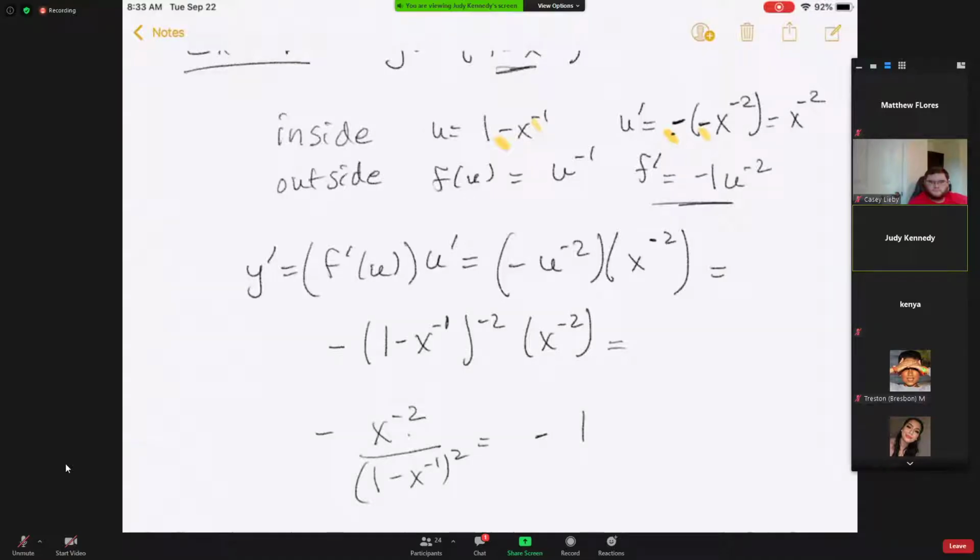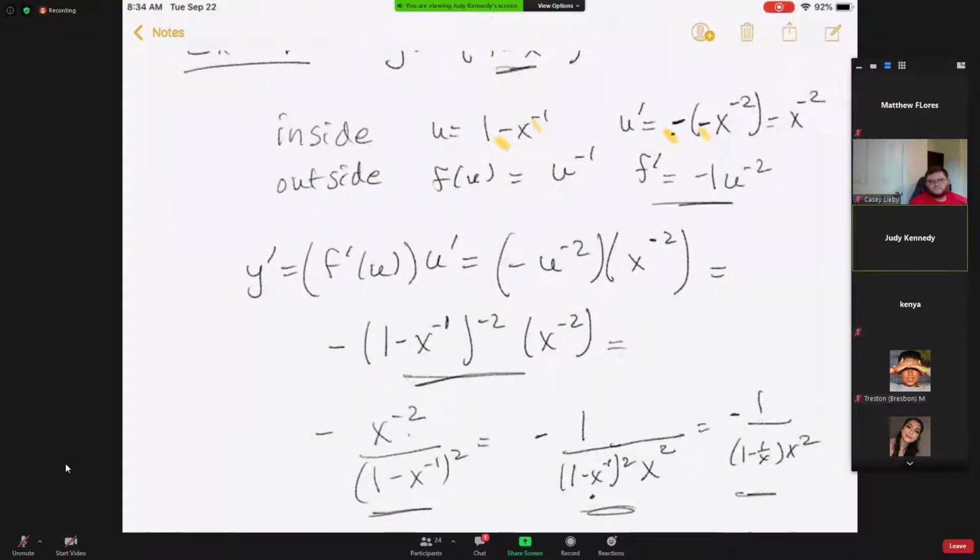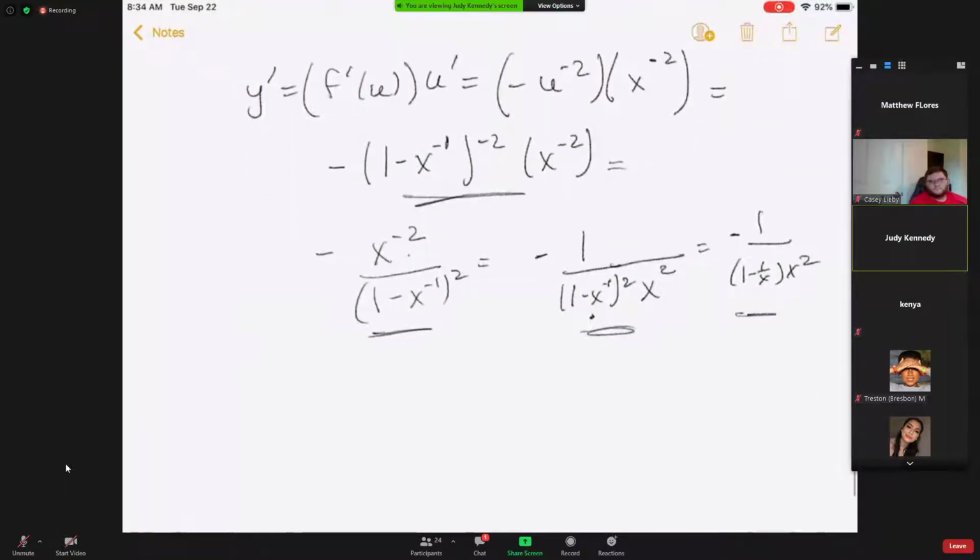So minus 1 over 1 minus x to the minus 1 squared times x squared, and then I could write that thing as 1 over x. But I'm not sure any one of those is preferable to any of the others. It's just writing it in different ways. Okay, that's your derivative. That's your derivative, that's your derivative, and that's your derivative. We just changed them algebraically or wrote them differently. They're all the same thing.